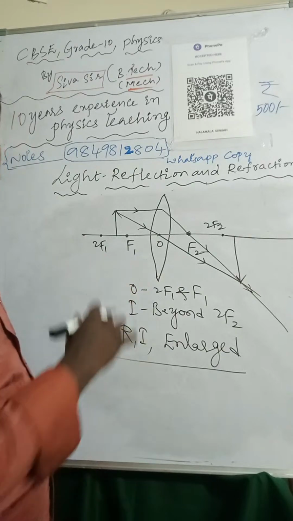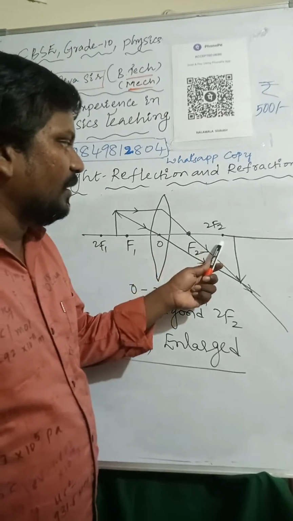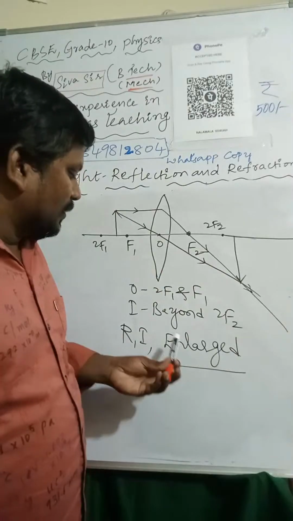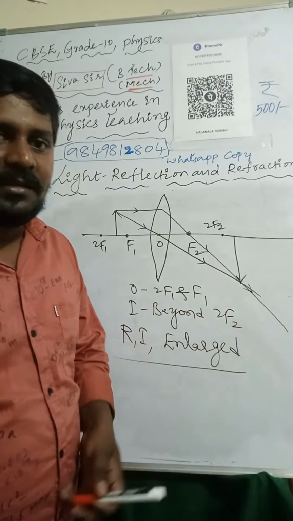Clear? So the object is placed between 2f1 and f1, the image will form beyond 2f2, real, inverted and enlarged.